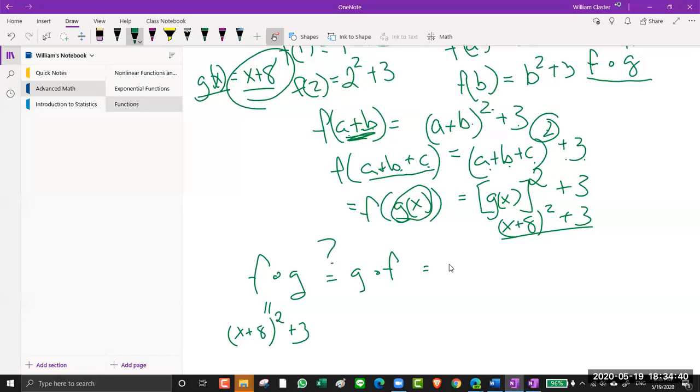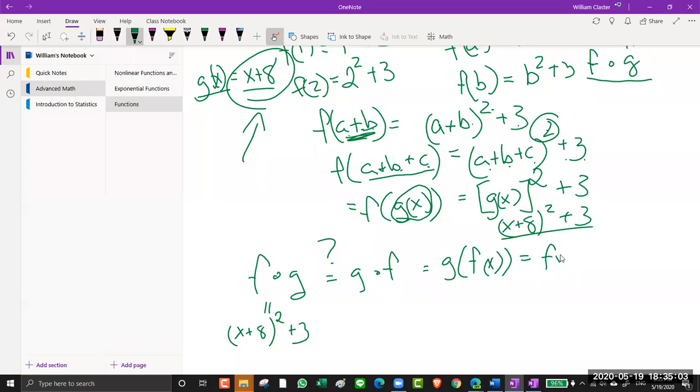So g is x plus 8. So this means putting f into g. So g is here, so I have to put f in there. That means just replace x by f.